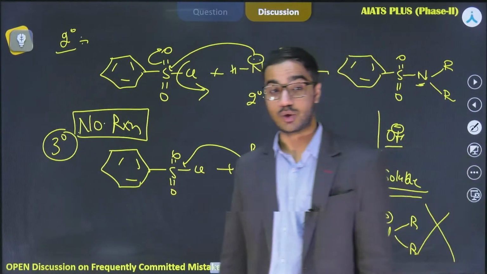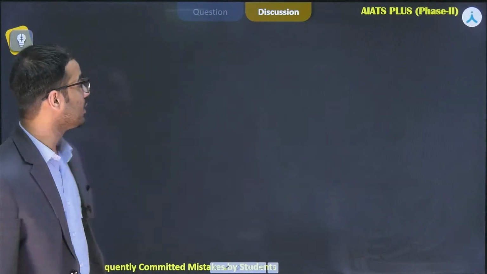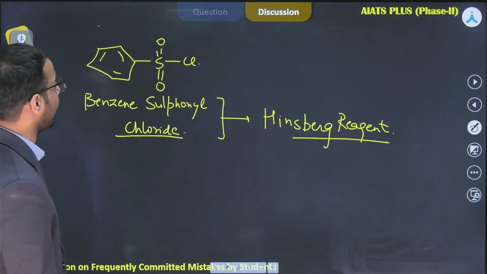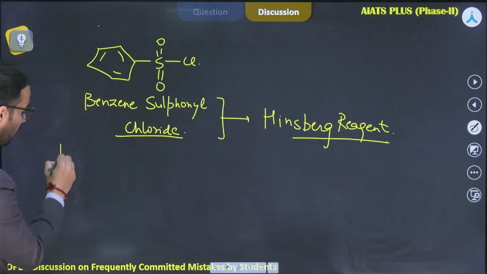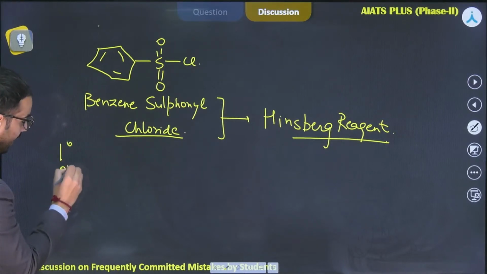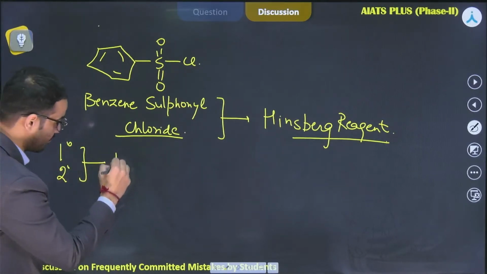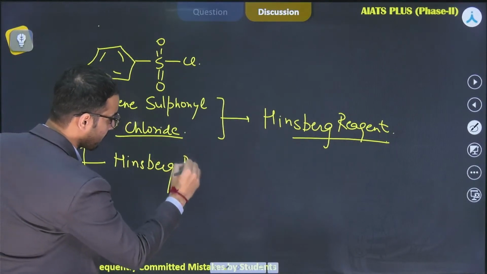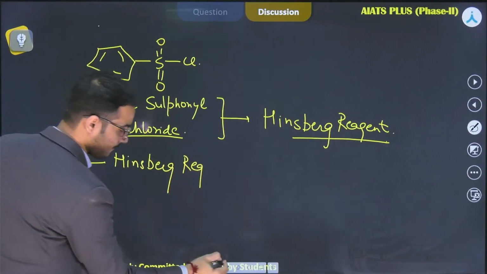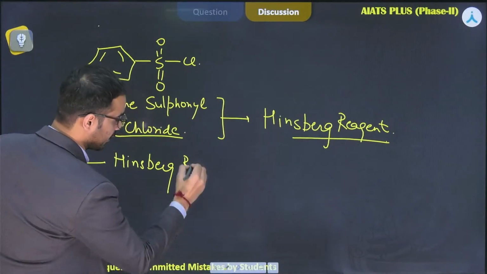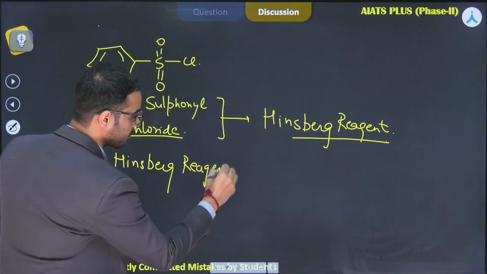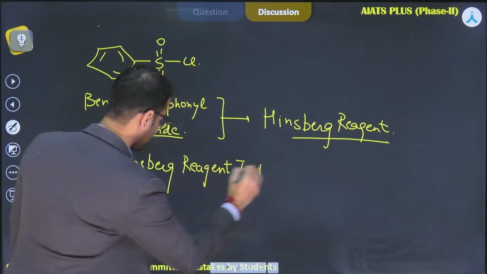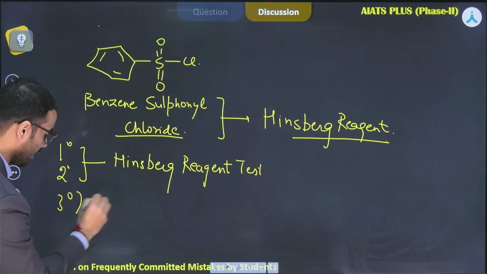Is it? So in order to summarize all, we can say that 1-degree and 2-degree amines can give the Hinsberg reagent test. The 3-degree will not.